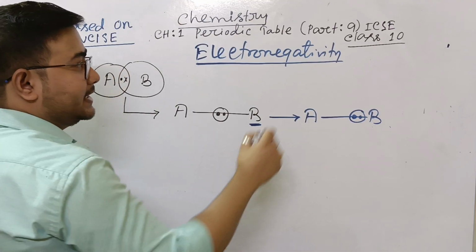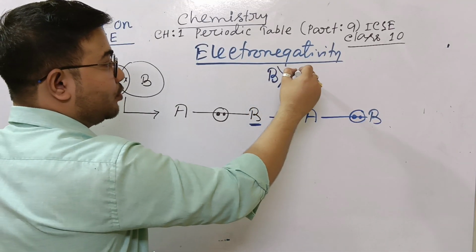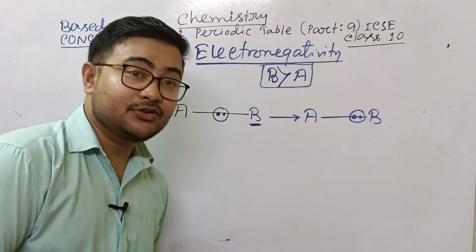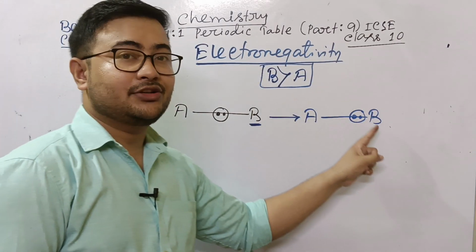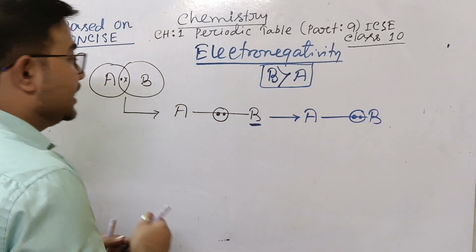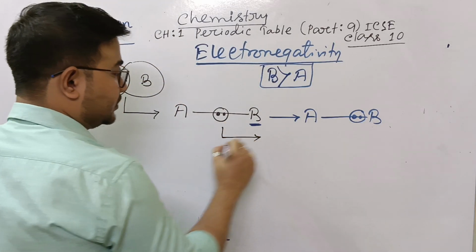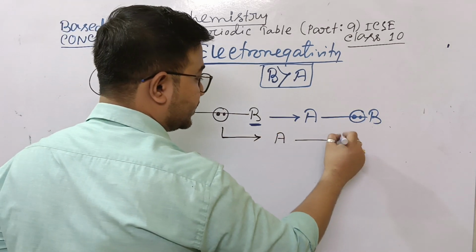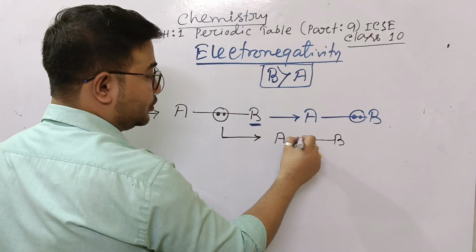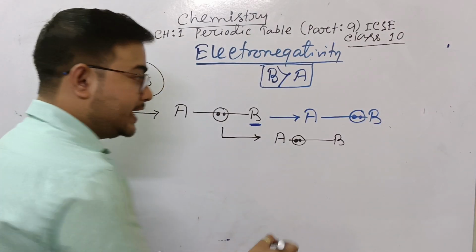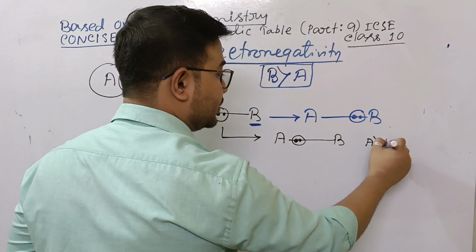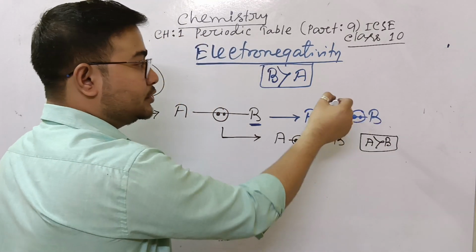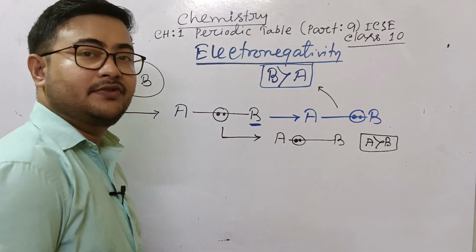Now we can say B has more electronegativity than A. Again, if A has a tendency to pull the electron, then the electron moves closer to A, and A has more electronegativity than B. But here, since B pulls, B has more electronegativity than A.